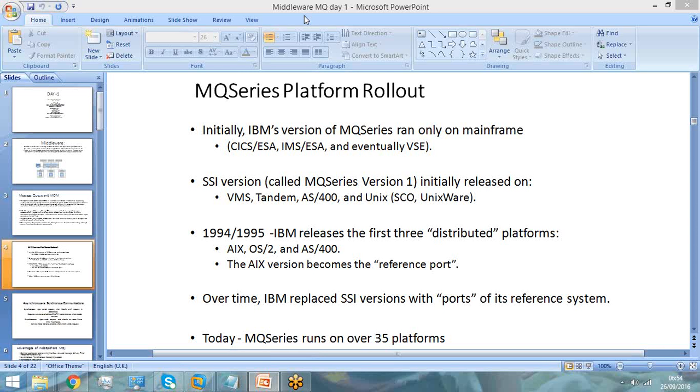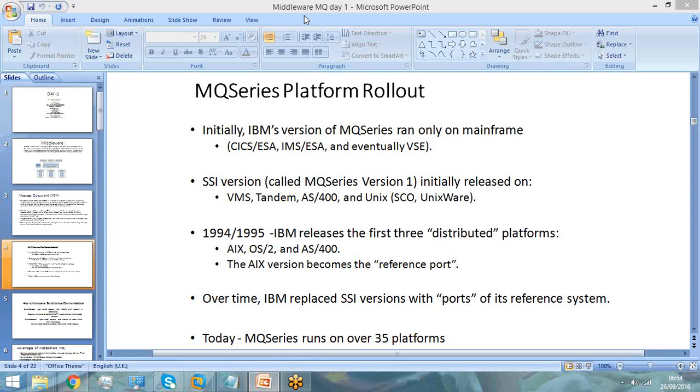But in the real IT industry, mainly it is on Linux, AIX, Windows, AS400 and mainframes. And also Solaris. These are the most widely used.